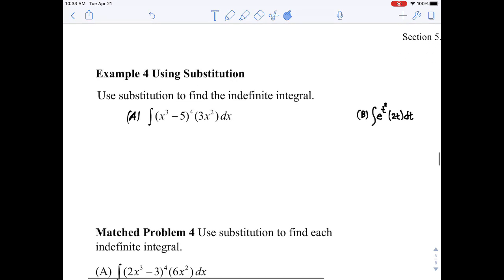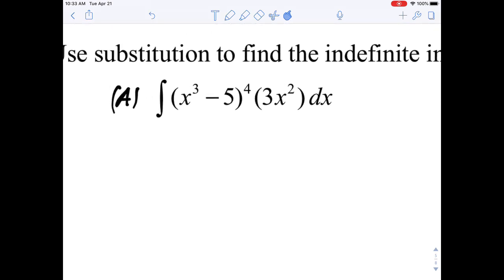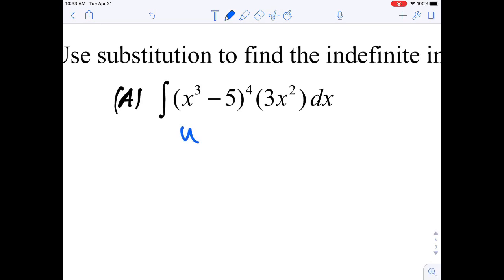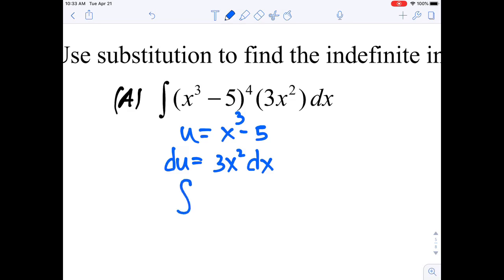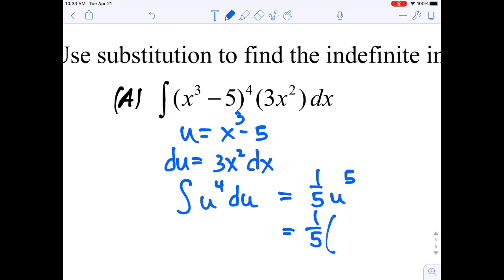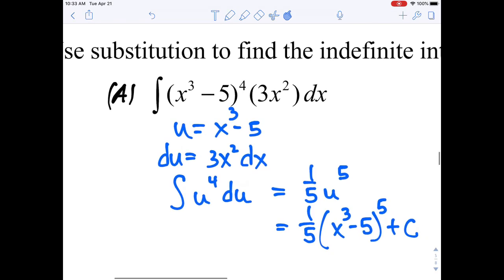So let's look at some more examples here. I'm going to let u equal x to the 3rd minus 5, du equals 3x squared dx, so that I have the integral of u to the 4th du. So this is 1/5 u to the 5th. And my u was x to the 3rd minus 5. And don't forget the plus c on the end.